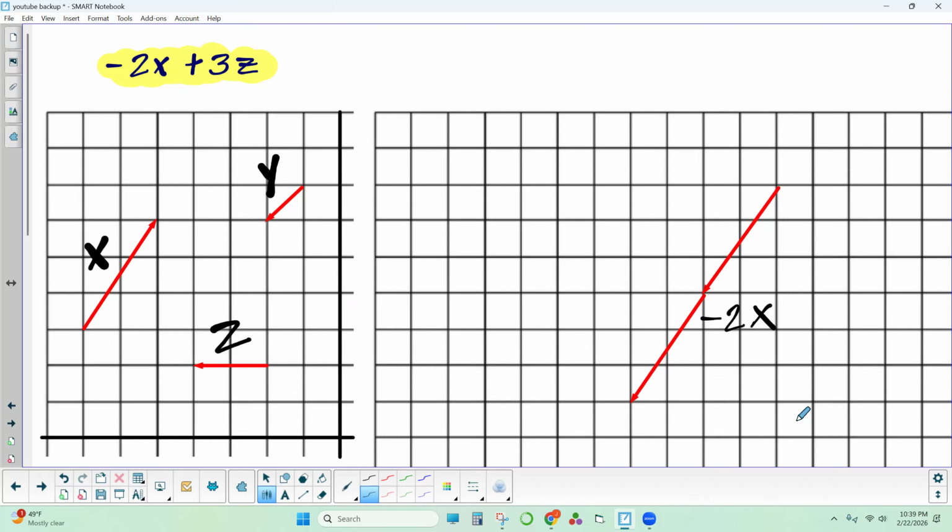Now I'm going to add 3z. So again, I'm going to place the tail of each new vector at the head of the previous. So here is 1z, 2z, and 3z. All right, and I will label that 3z.